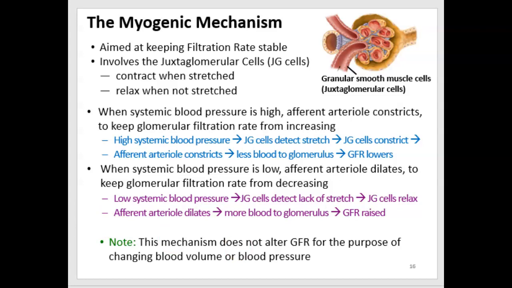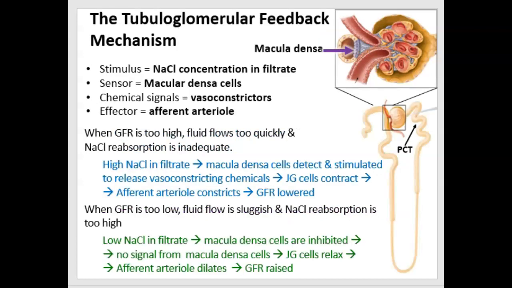Okay, now we're going to look at the second autoregulatory mechanism, and this is called the tubuloglomerular feedback mechanism. And again, it's going to involve the juxtaglomerular apparatus, but this time the cells that we're going to be looking at are the cells of the macula densa.